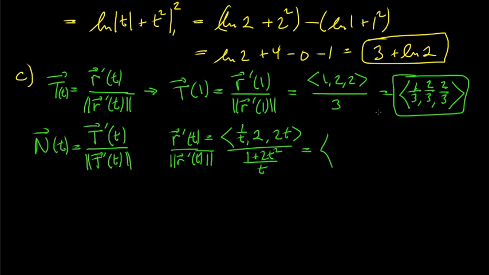Okay, quite a mess. But this is just 1/t times the reciprocal, t over 1 + 2t². And then this will be 2t over 1 + 2t². And then this will be 2t² over 1 + 2t².